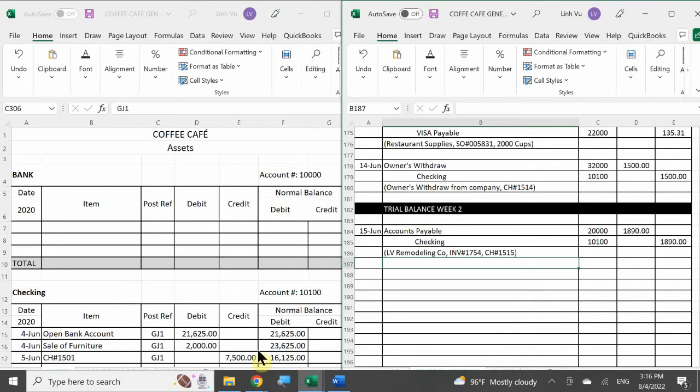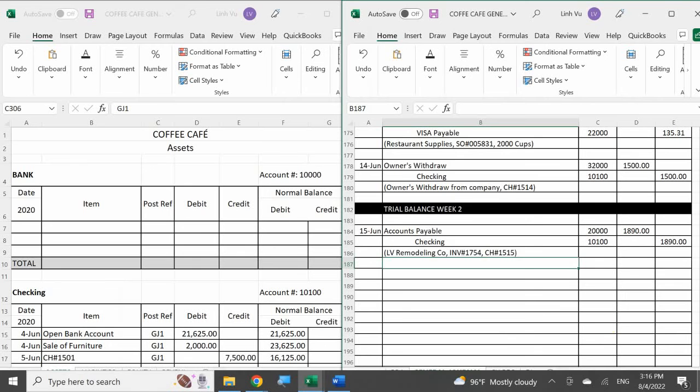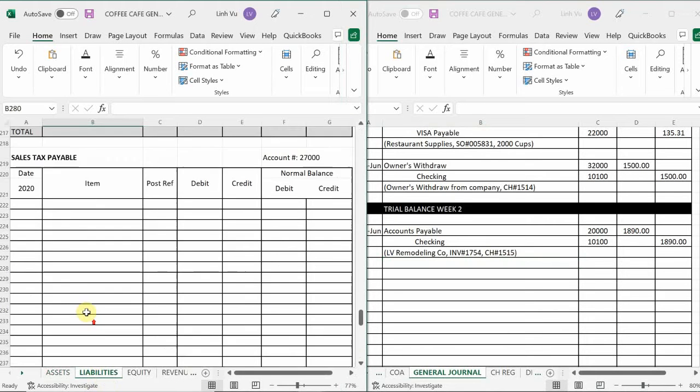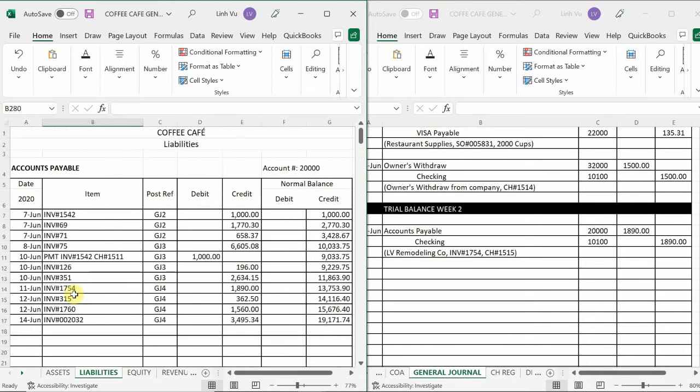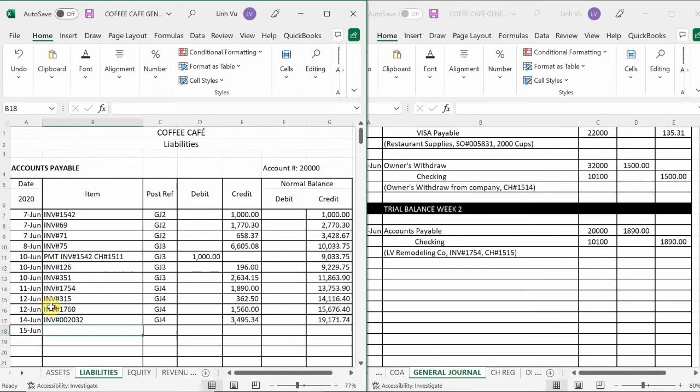We go to the liability account, accounts payable.